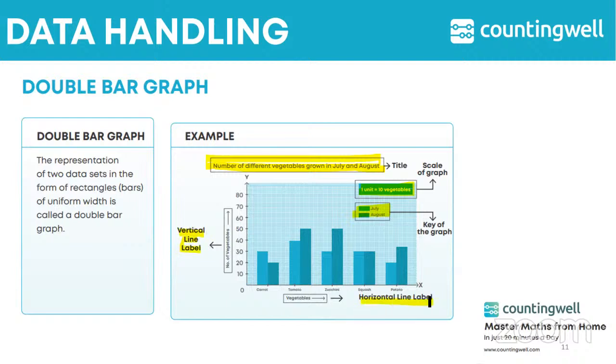So the basic difference between a double bar graph and a bar graph is that in a bar graph we have only one data set, whereas in a double bar graph we have two data sets, and we want to compare them. Okay. So in the first bar graph, we saw the data set for vegetables grown in 1 month, and here we have the data set for 2 months.